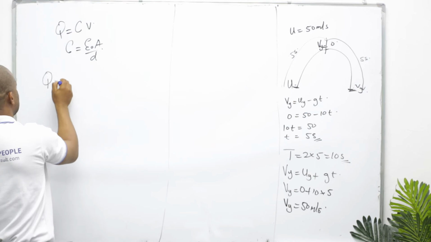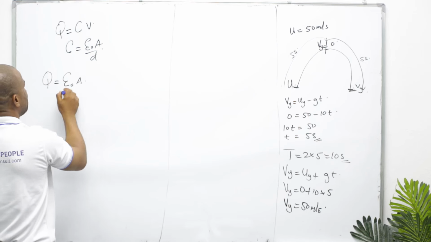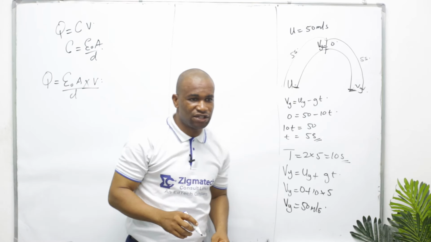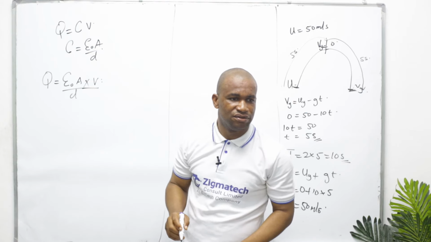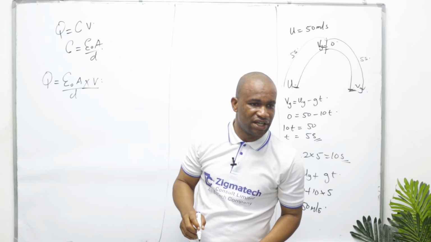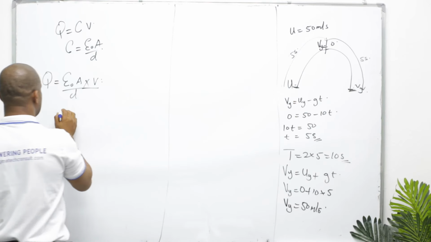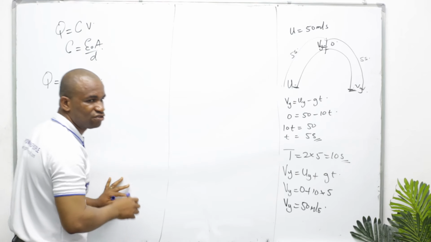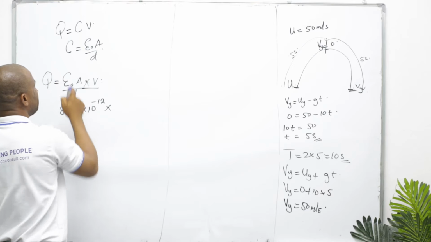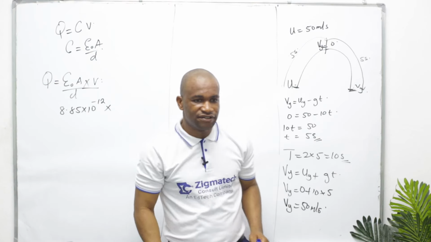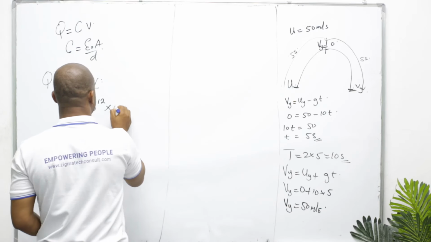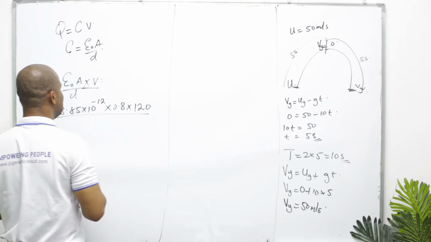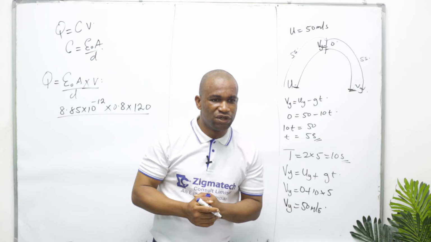So if I do all of them at the same time, I have permittivity multiplied by area divided by D times V. V in this case is given as 120. So I'm substituting straight. I have 8.85 times 10 raised to power minus 12 times area A, which is given as 0.8, times V, 120, all over D. D must be converted to meter, so we have 20 millimeter.